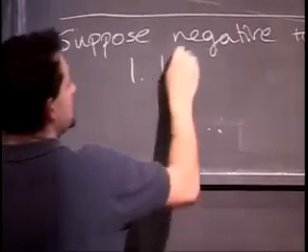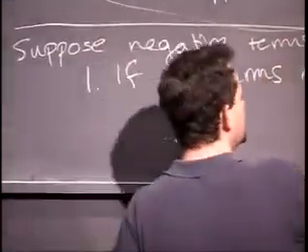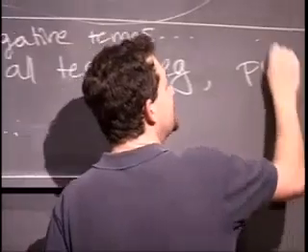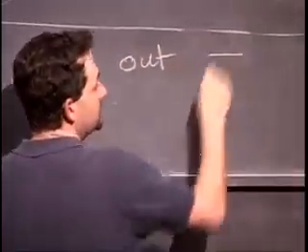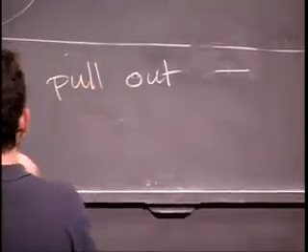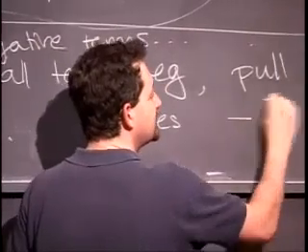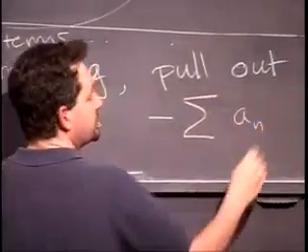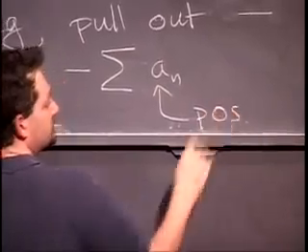If all the terms are negative, that's not a big deal. Pull out a minus sign, a factor of -1, if you like, and everything becomes positive. So the series can be written as negative something, where these are now positive. So I'm going to just pull out the minus sign. And then I can use all my other stuff.